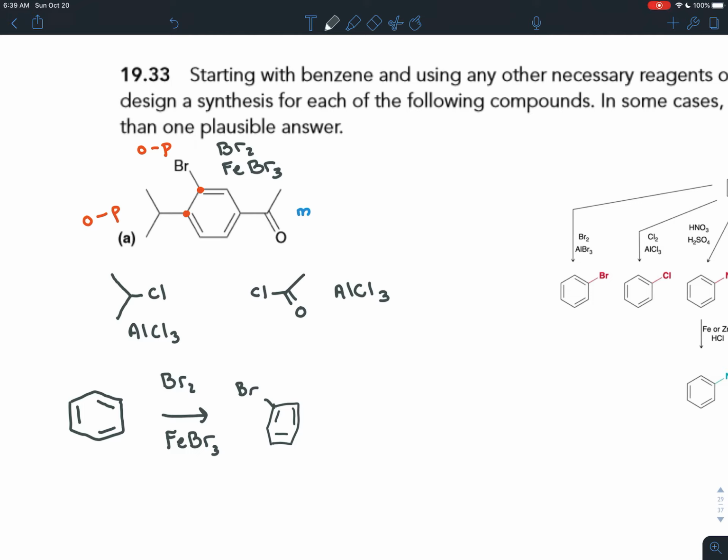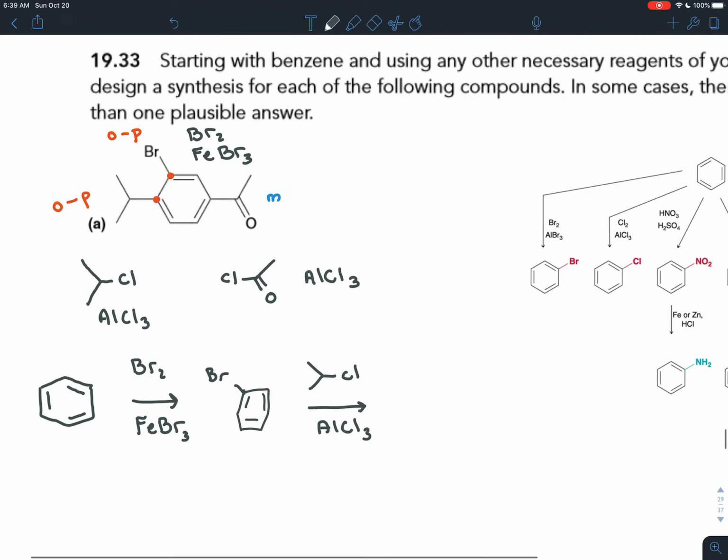So whatever you put on second is going to add to both the ortho position and the para position. Now we don't really want anything on the para position of the bromine, but we do want that alkyl group at the ortho position. So we can add our alkyl halide in the metal catalyst.